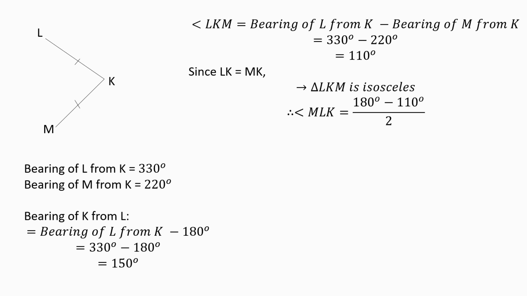And that gives us 35 degrees. So remember, we have obtained the bearing of L from K as 150 degrees and angle MLK as 35 degrees. So therefore, to obtain the bearing of M from L, it will just be an addition of the bearing of L from K plus angle MLK.